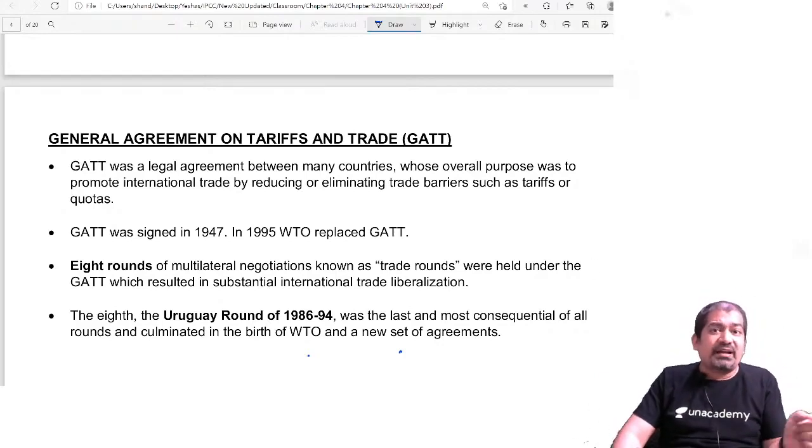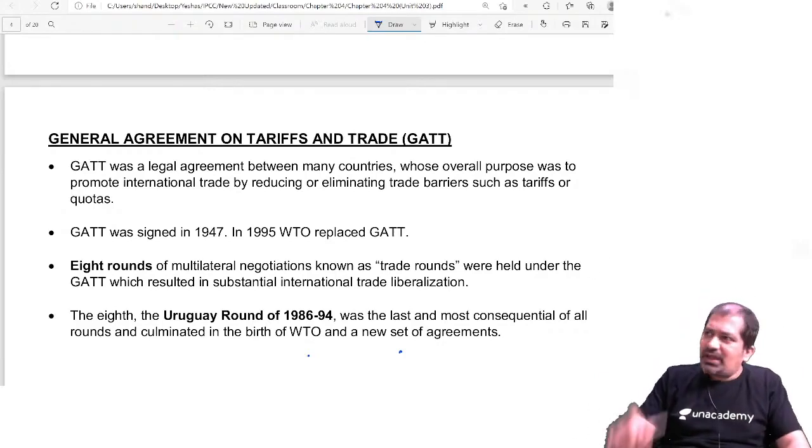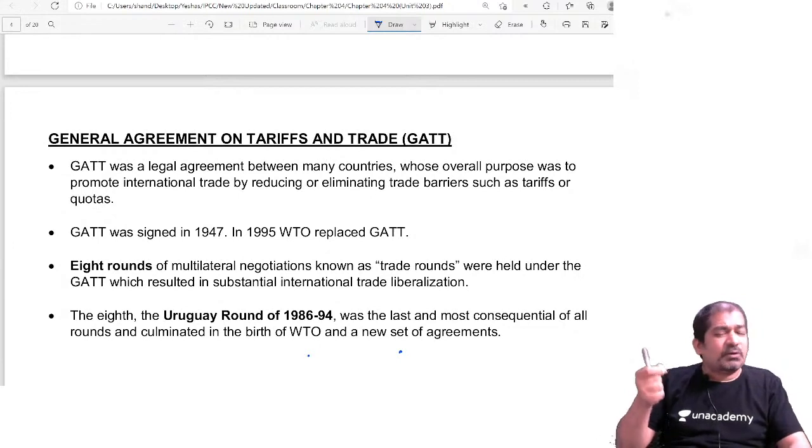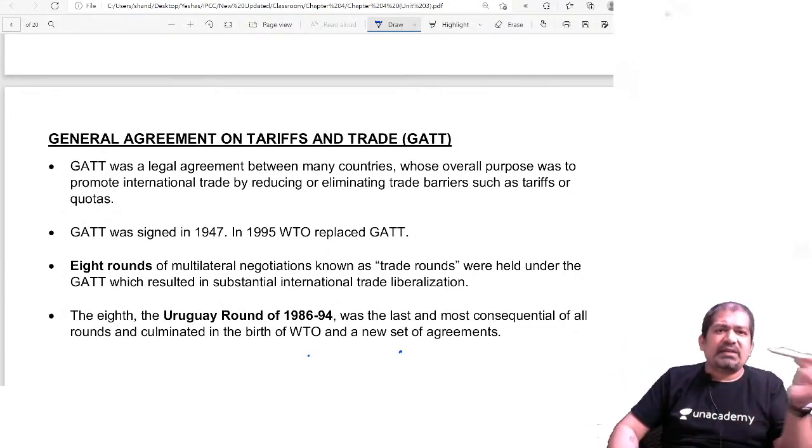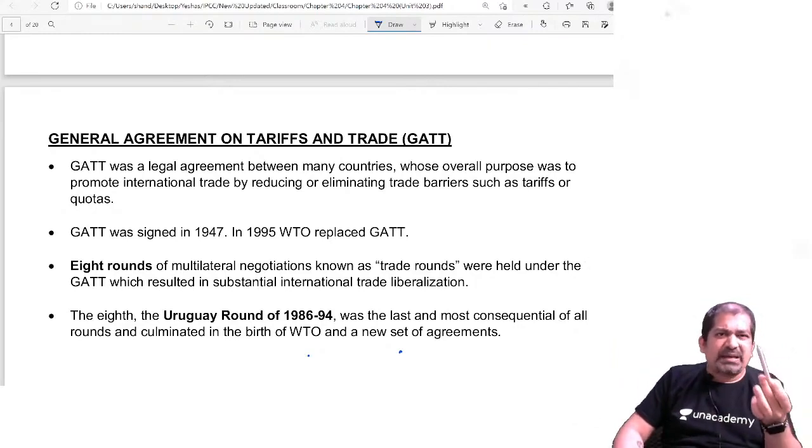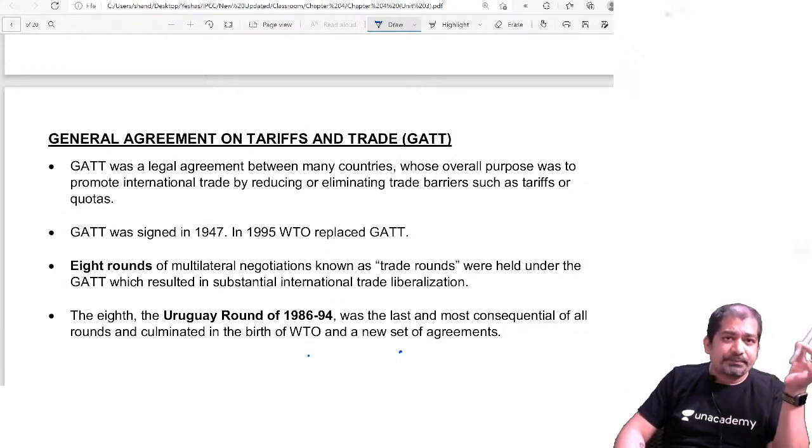Then there was trade related intellectual property rights. Today in the WTO, if any patent is given in India, suppose I come up with a technology and I get this pen patented in India, India is a member of the WTO, it means the patent of this pen will have to be honored by every member of the WTO.